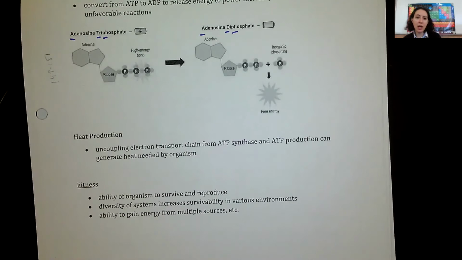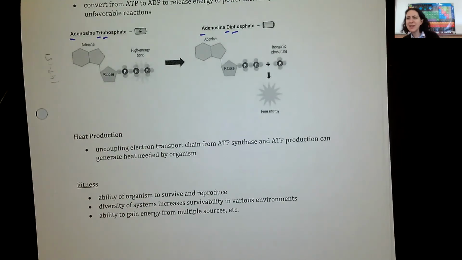If you uncouple the electron transport chain from ATP synthase, so you stop making ATP, that energy could instead be used to generate heat. That is definitely needed, because you have to keep cells at the correct temperature, and if they get too cold, that's very bad. So there are feedback mechanisms that help regulate that.